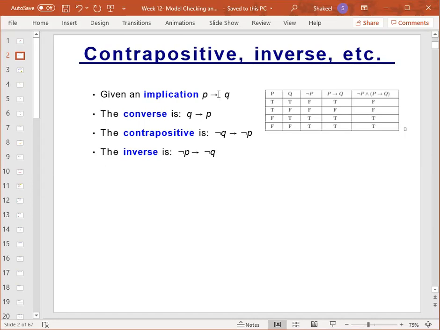Sometimes you would see it written as P implies Q, but this is the same.